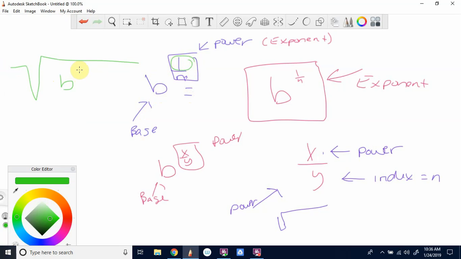It's raised to the 1, or the x, if it's not 1, whatever x is, power. And this is going to be your index, y, or in the case n, if it's 1 over n. All right? So the two concepts, the only difference is this is 1 as a numerator, and this means the numerator can be any positive integer.